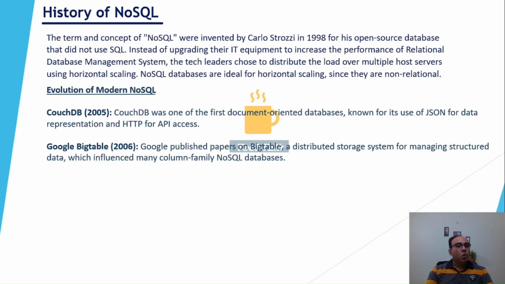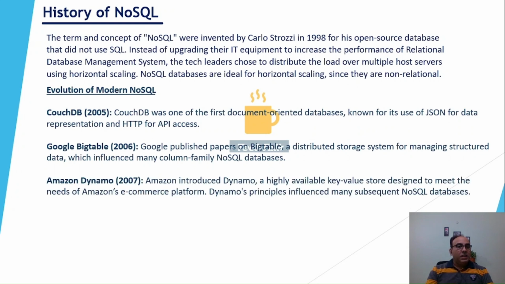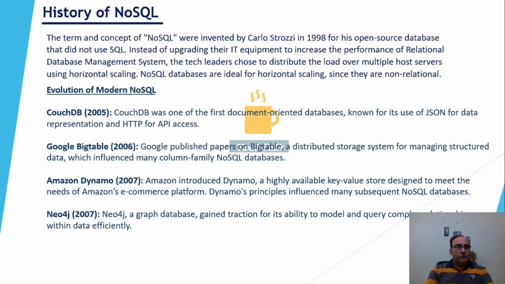It follows the column family architecture. Then we have Amazon Dynamo. It came in 2007. It was developed to fulfill the needs of the Amazon e-commerce platform. Then we have Neo4j. It came in 2007.